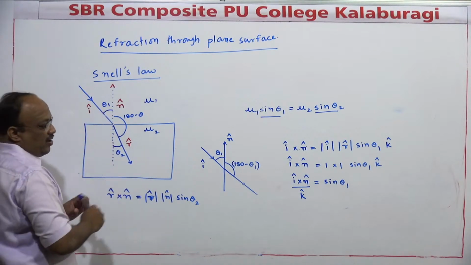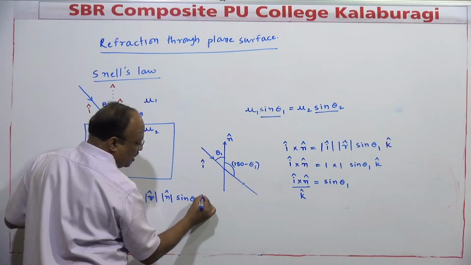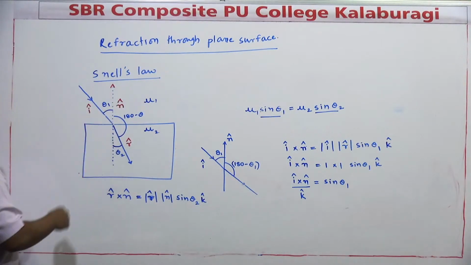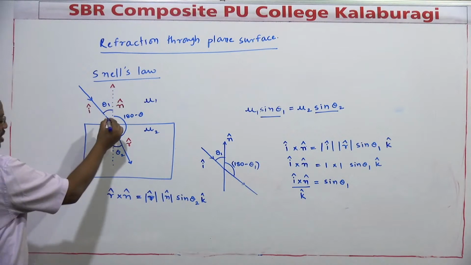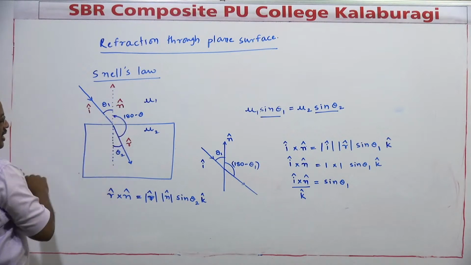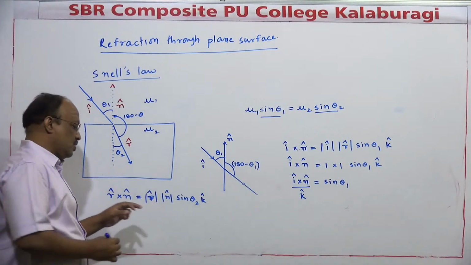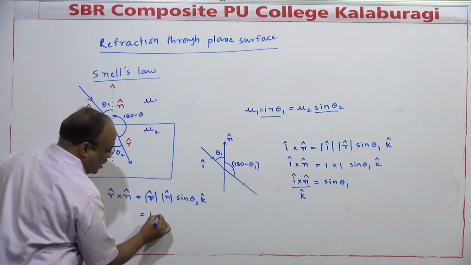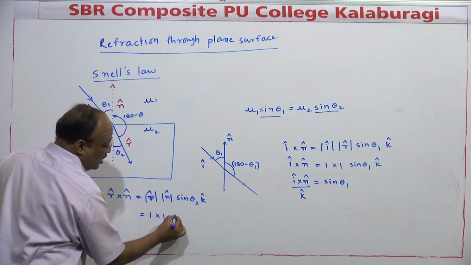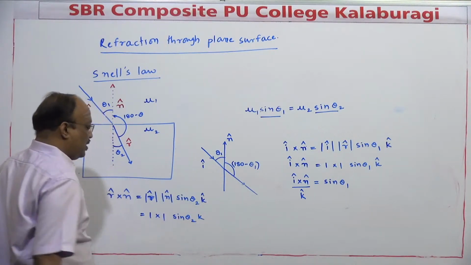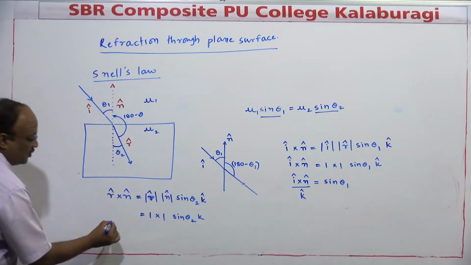Outward direction, I have taken that as k cap. The resultant of these two is in the outward direction. From R to n, it is coming in the outward direction. So this is 1 into 1 into sine theta 2 into k.